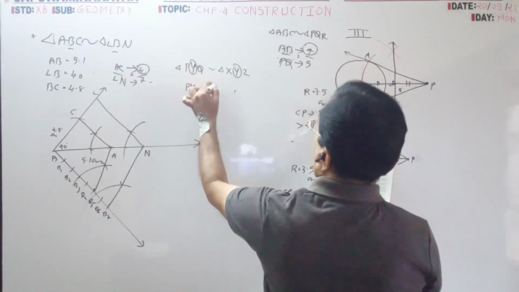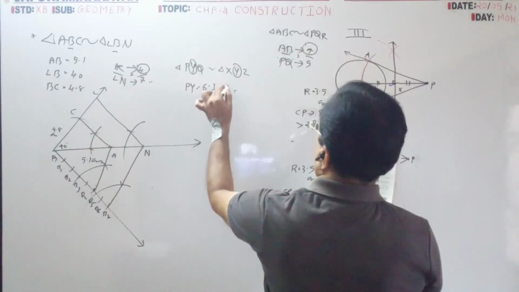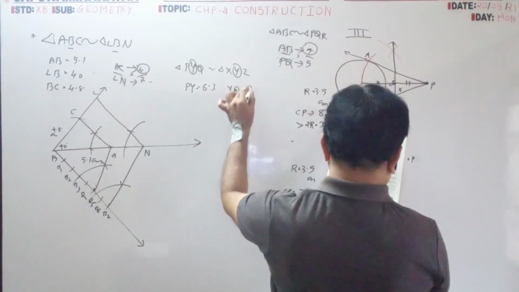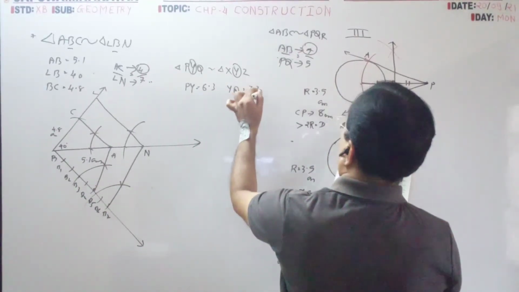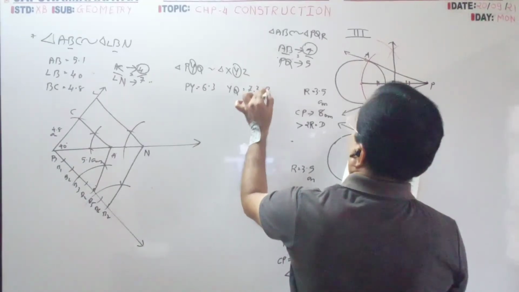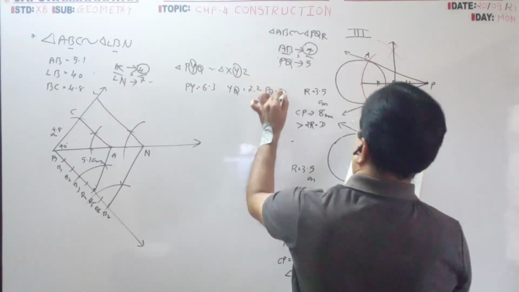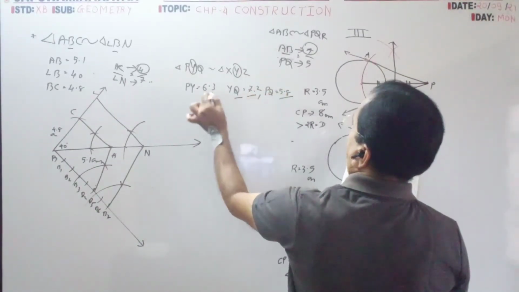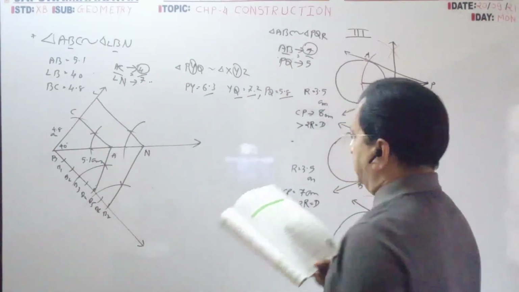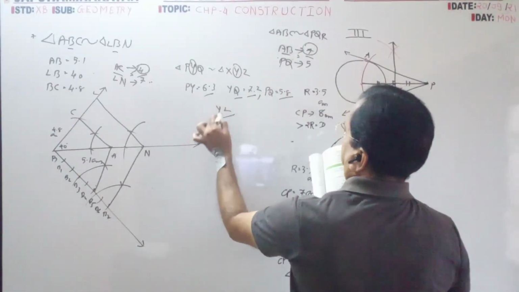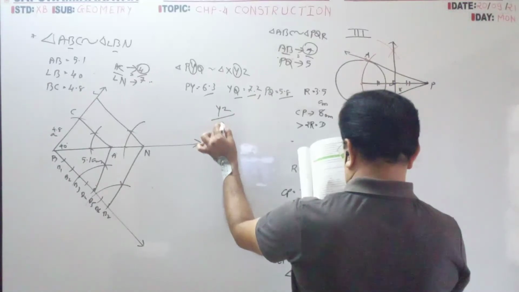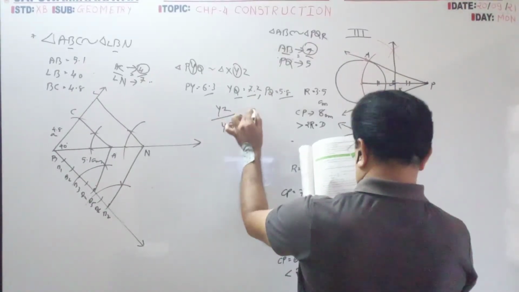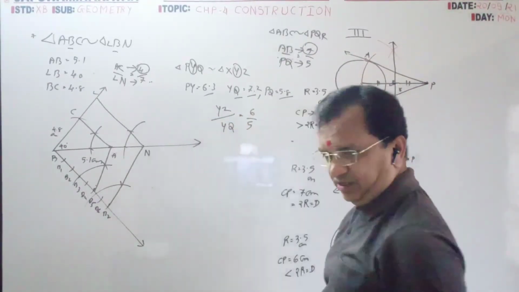YP is 6.3, YQ 7.2, PQ 5.8. YZ by YQ is 6 by 5.